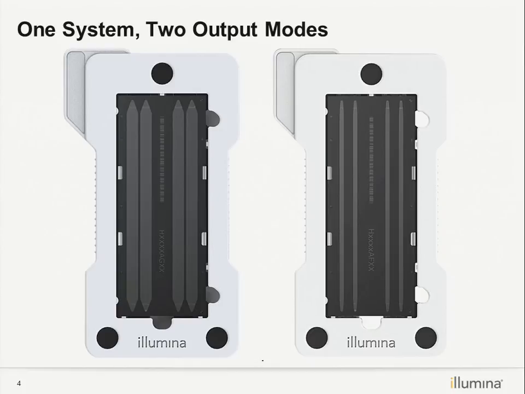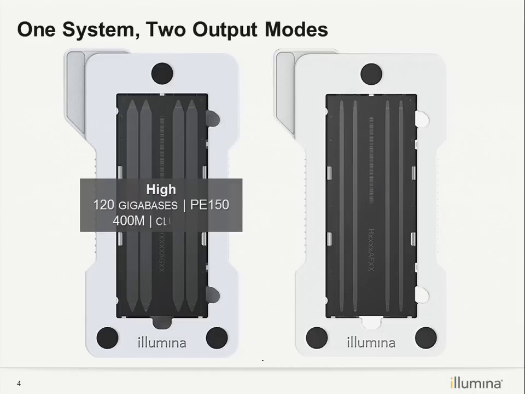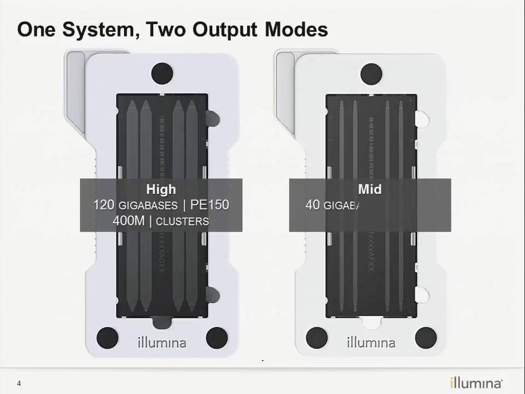Alright, so these are the two different flow cells from the system. This is the high output flow cell, which supports 400 million reads and up to 120 gigs of output. And the mid output flow cell is basically one third of the output of the high output flow cell.